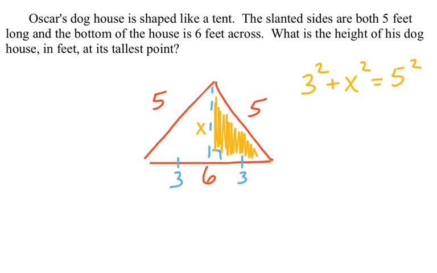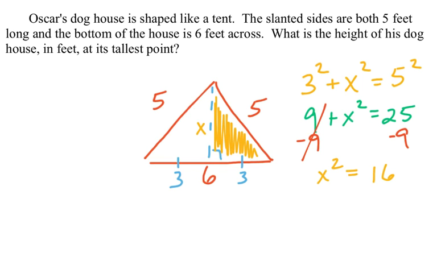Simplifying here, we get 9 plus x squared equals 25. Subtracting 9, you get x squared is equal to 16. And take the square root of 16. And the height of that doghouse is 4 feet.